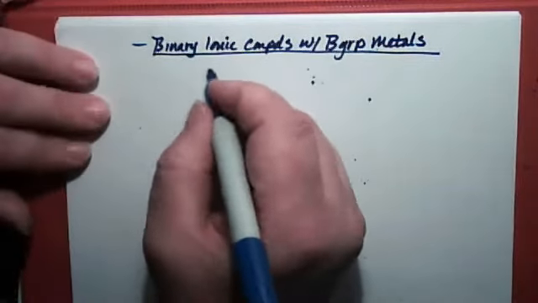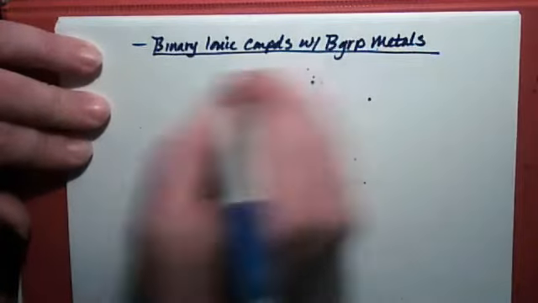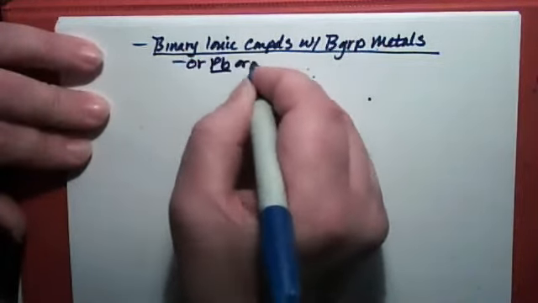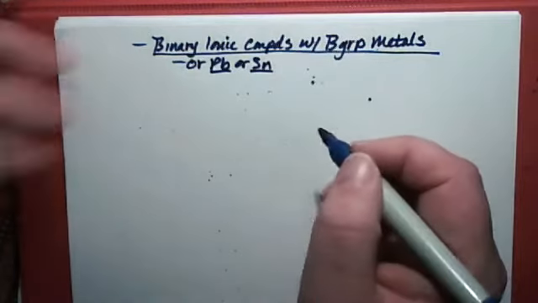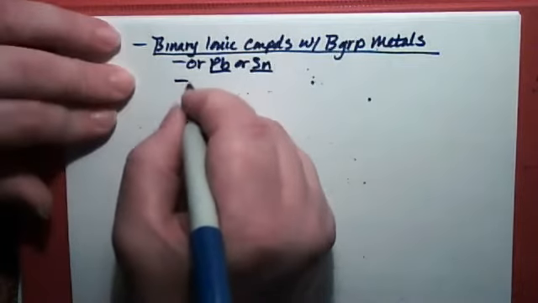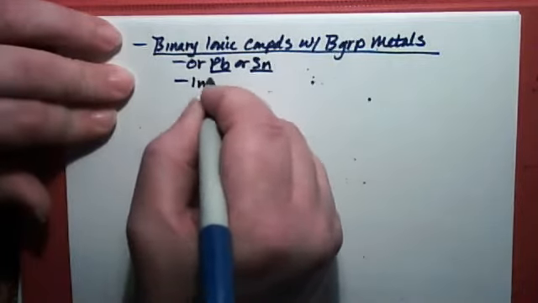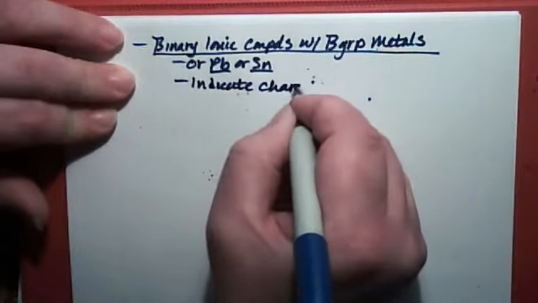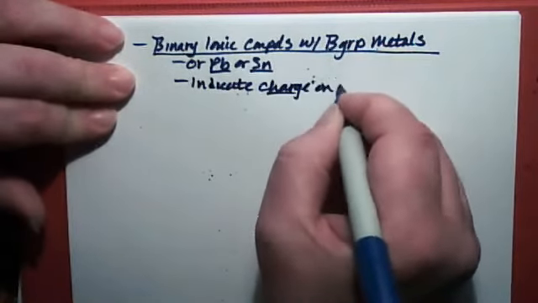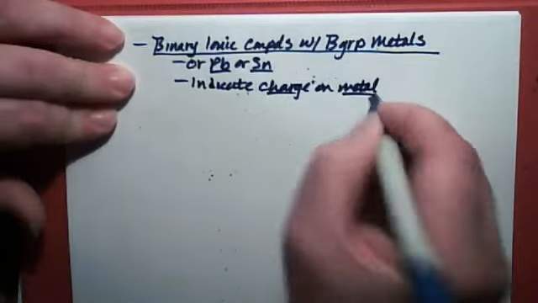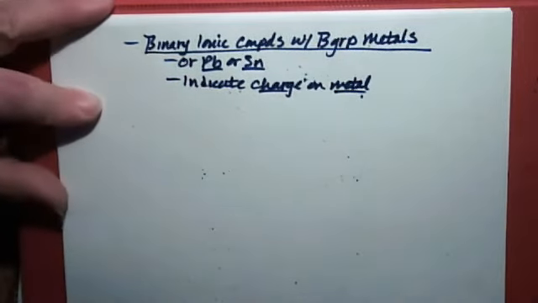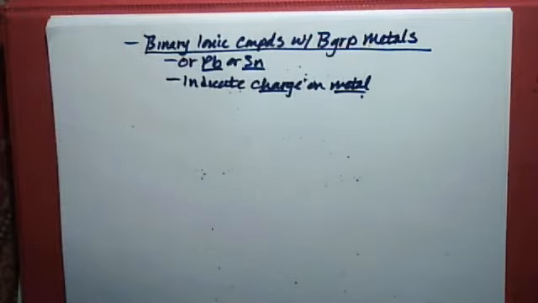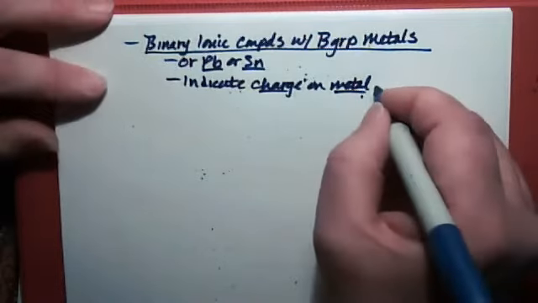So with B group metals, or lead or tin, what you want to do is indicate what the charge on the metal is with a Roman numeral in parentheses right after the name of the metal.